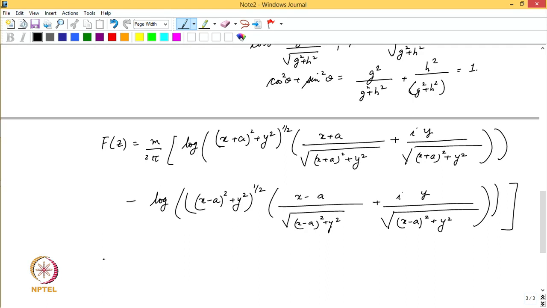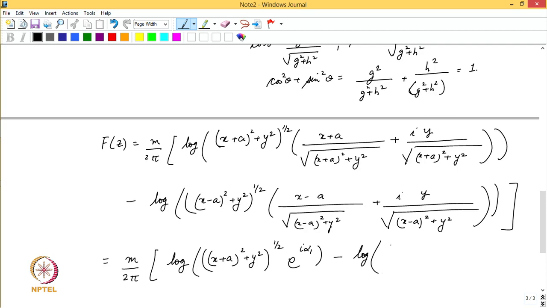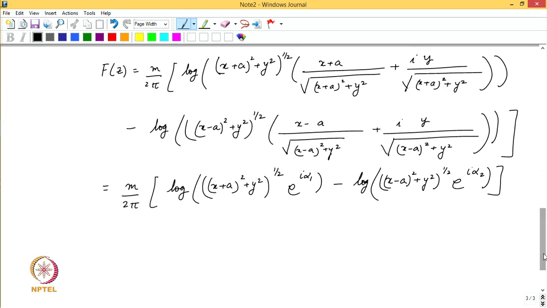Now, we can take this even further, and I could write this as m by 2 pi log of this number, which is square root of x plus a square plus y square times e to the power iota alpha 1, where alpha 1 becomes the argument of this complex number, and we will also have minus log of the second expression, which is square root of x minus a square plus y square times e to the power iota alpha 2, where let me now define alpha 1 and alpha 2.